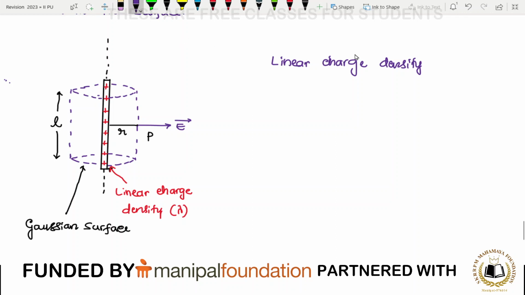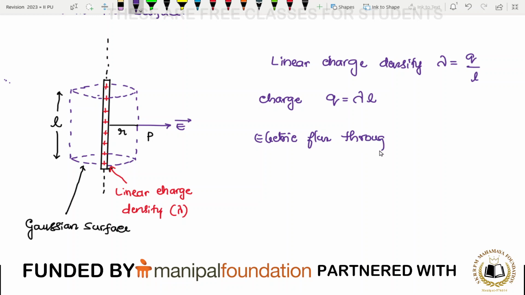Linear charge density lambda is equal to Q divided by L, charge divided by length. So charge becomes lambda into L. So the charge present in this Gaussian surface is lambda into L. Okay. Next we'll now calculate the electric flux through the Gaussian surface.